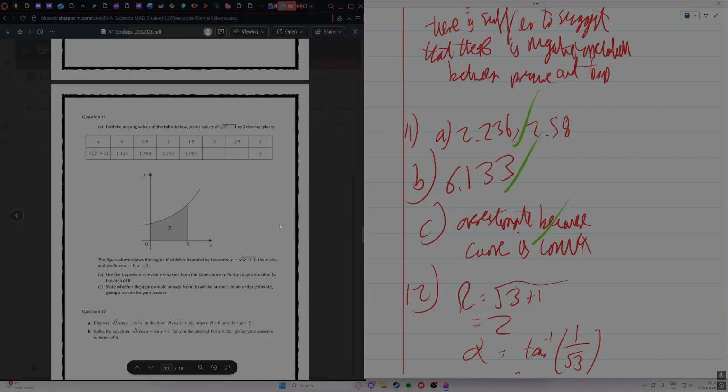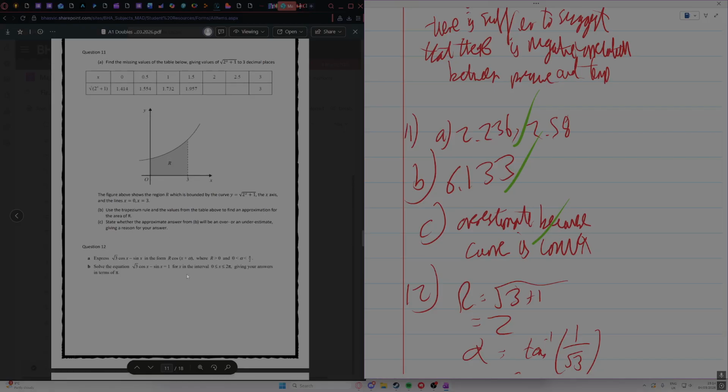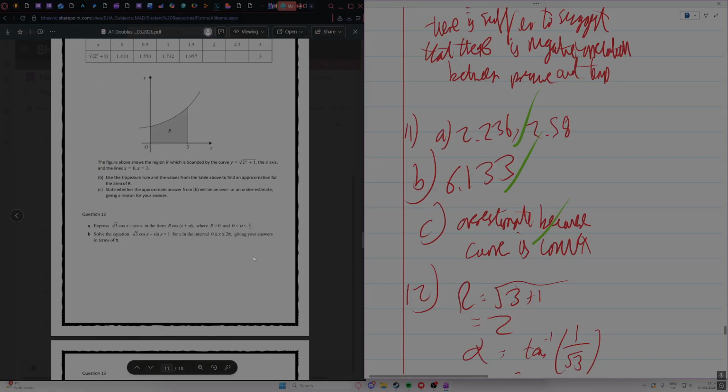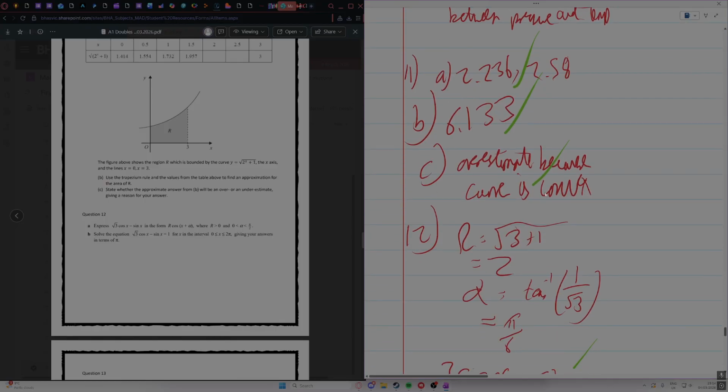So that's why you have to remember what convex and concave curves look like, so you can deduce this in the exam. Or better, just learn that convex is an overestimate and concave is an underestimate.